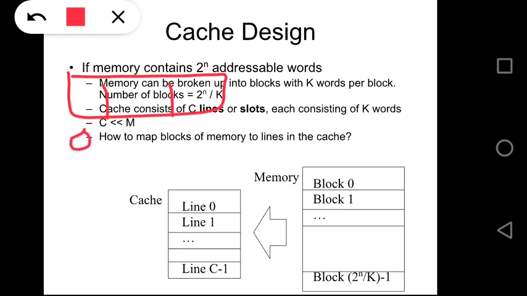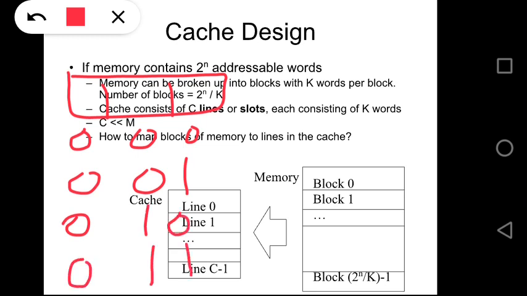In 3 bits I can store 0 0 0. I can store 0 0 1. I can store 0 1 0. I can store 0 1 1. So this is nothing but 0, this is 1, this is 2, this is 3.